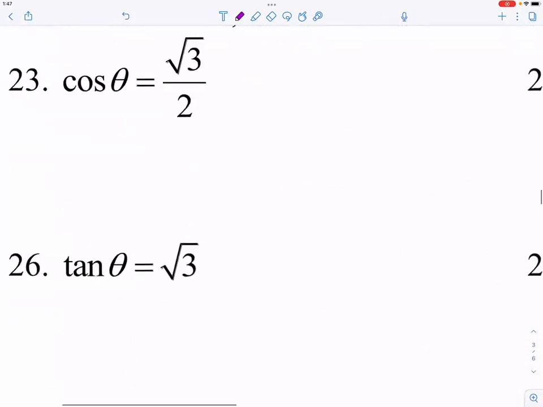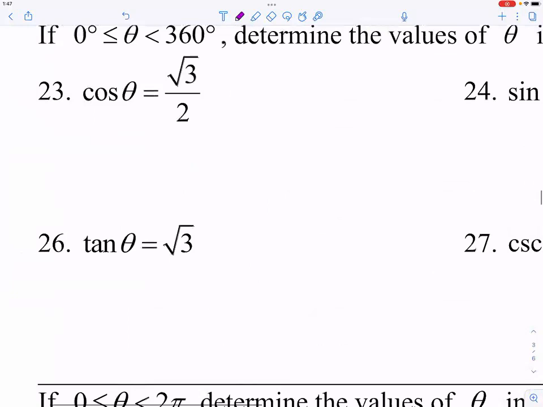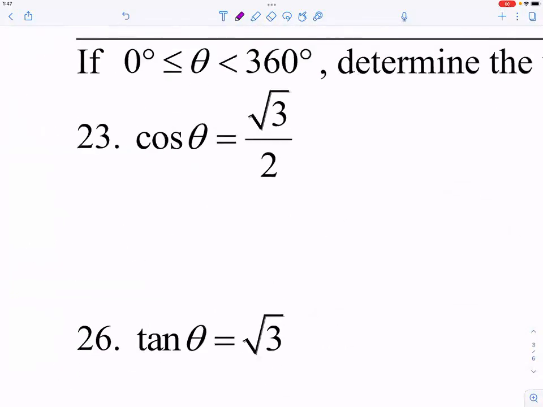Now, how about these? For example, what about cosine theta equal to √3/2? I'm thinking, wait, hold on, it's positive. Cosine is positive in what quadrants? Quadrant 4 and quadrant 1. And I'm looking at √3/2. If I'm looking at the table, what angle would give you √3/2 for cosine?